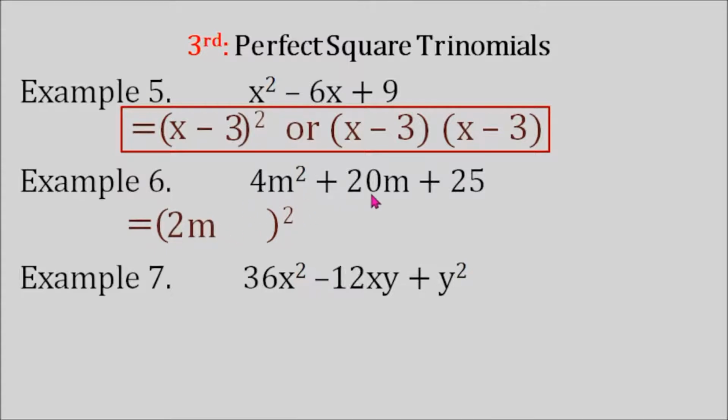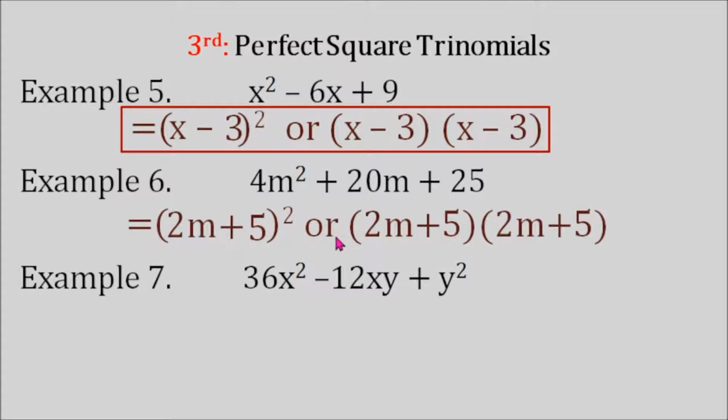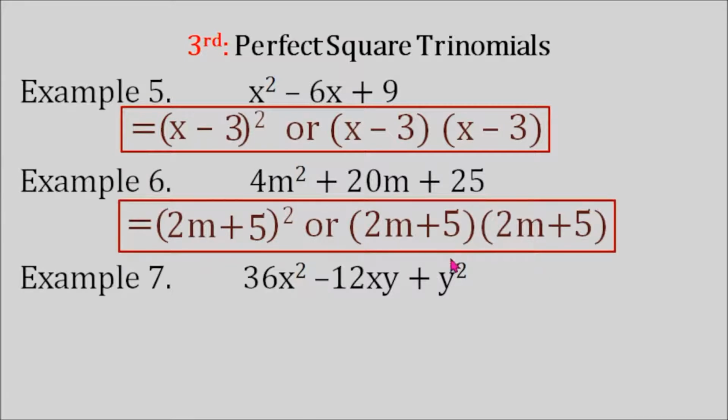The sign of the middle term is positive, so this is also the sign of our second term. And our second term here is just the square root of 25, which is 5. So it's the quantity 2m plus 5 squared, or it can be written as the quantity 2m plus 5 times the quantity 2m plus 5.